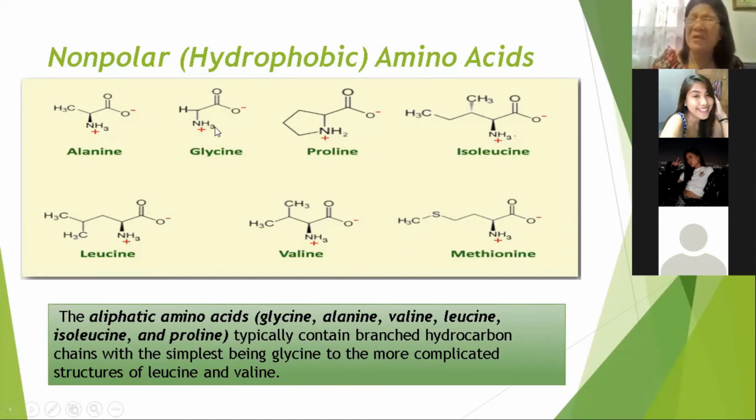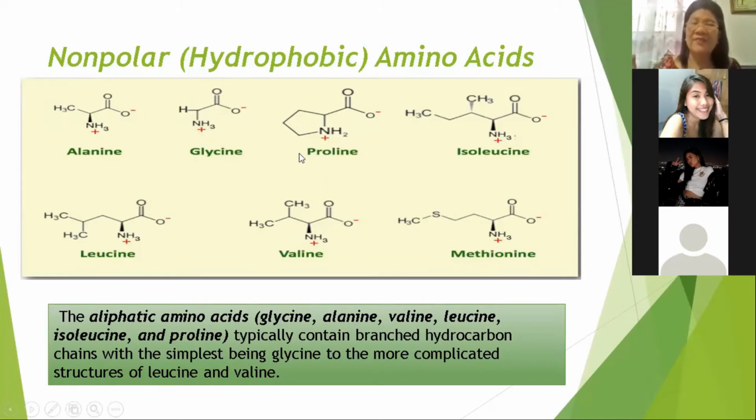So, this is C, H, then this is your ubos sa CH, the amino, NH3, then kilid sa C is another COOH, or COO, then you have the methyl. Then for glycine, it's only hydrogen. Oh, the proline, there is this ring.